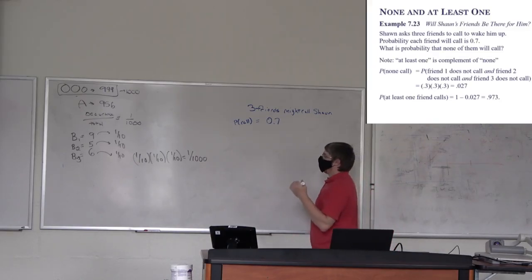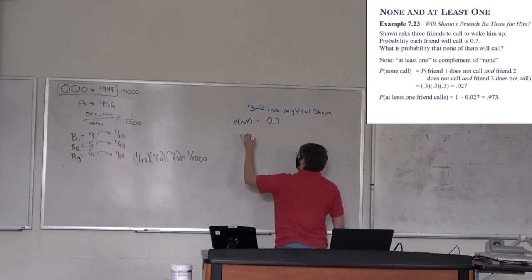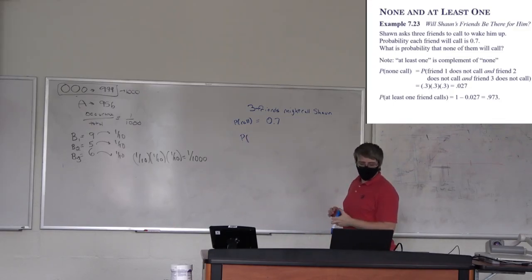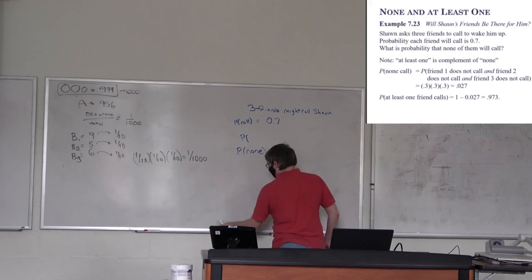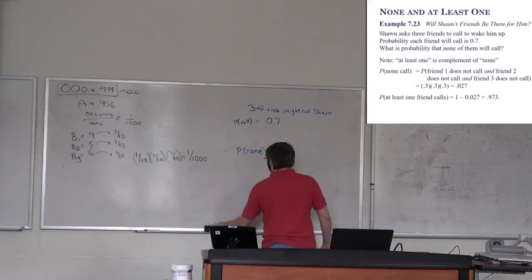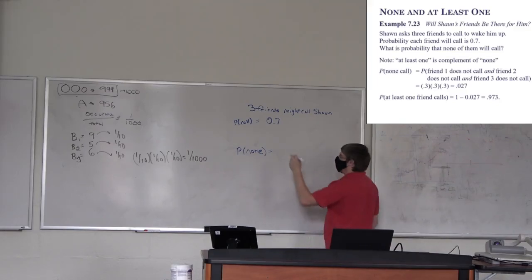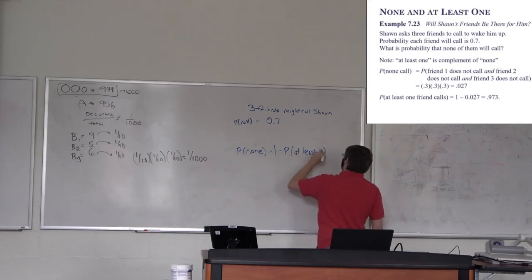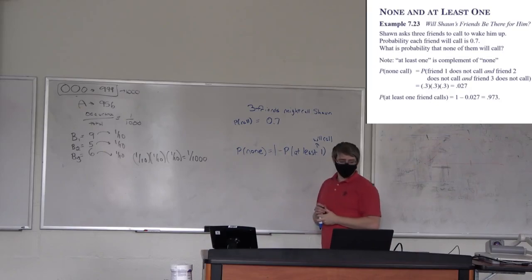Well, I can do the first statement up there, the probability that any will call. So at least one is the complement of none. Probability of none equals 1 minus the probability that at least one will call.